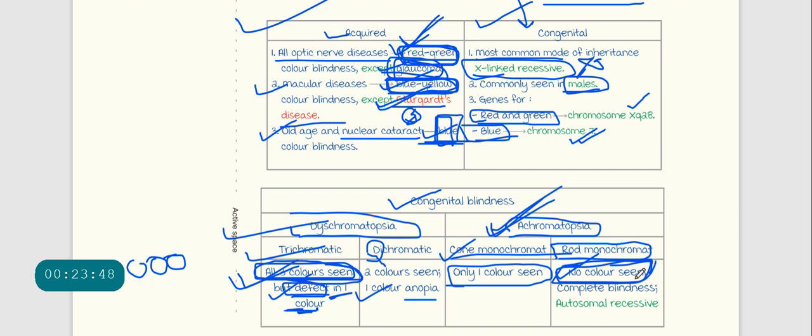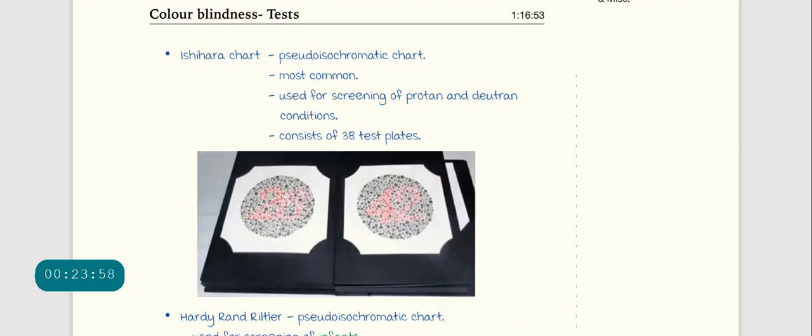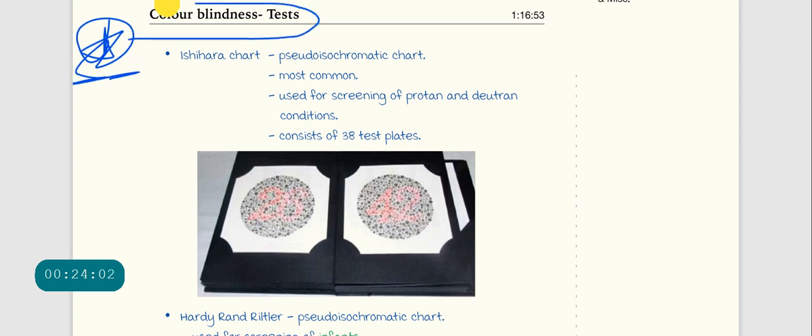Now the very important part: what are the tests for color blindness? A very common test that you have done in your vivas or practical classes is the Ishihara chart test. What category of test is it?